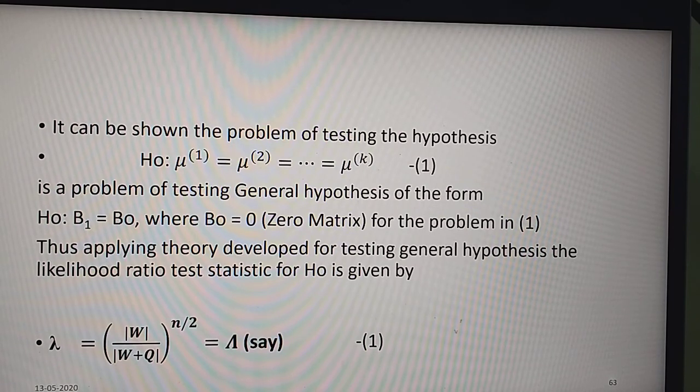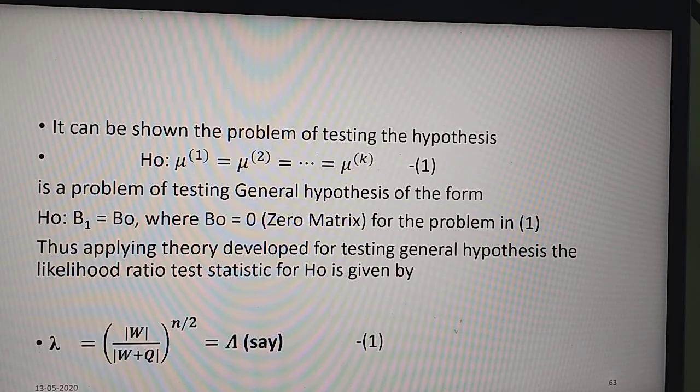Now we have shown in the theory part of the MANOVA that the problem of testing the hypothesis as in equation 1 is a problem of testing general linear hypothesis of the form H0: B1 is equal to B0, where in this case, that is in MANOVA, B0 will be a zero matrix.